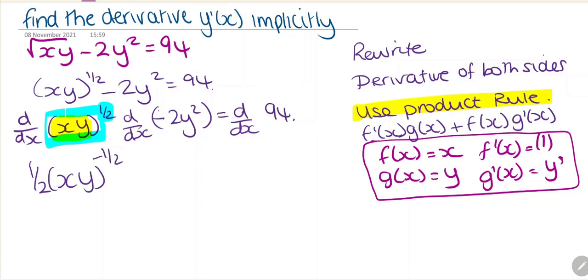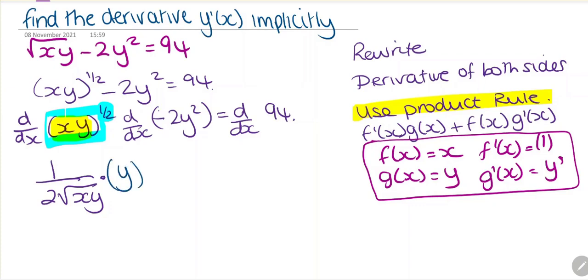So this negative a half is the root, which is what we had before. So I'm just going to rewrite this to be 1 over 2 root xy. Now we need to multiply this by the derivative of the inside, which is what we're using for the product rule. So this is just going to be y.